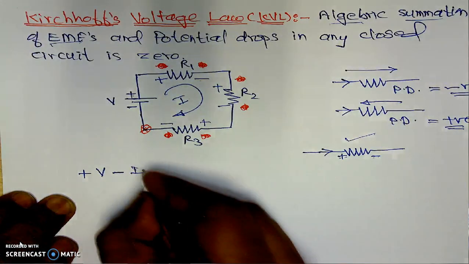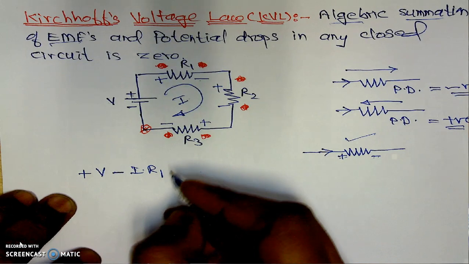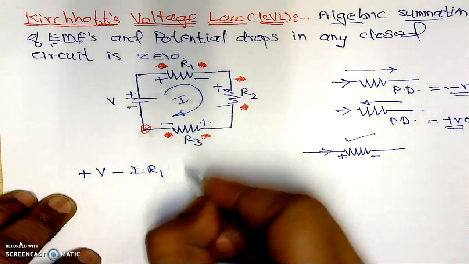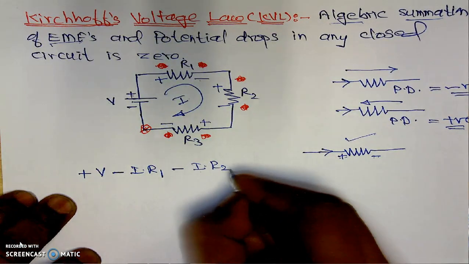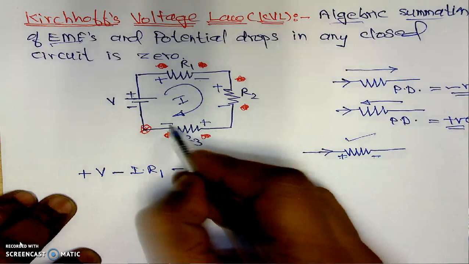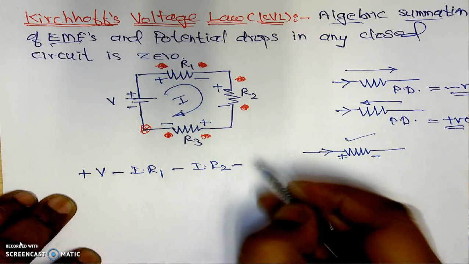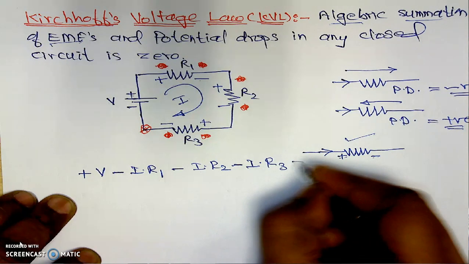Its current is I and its resistance is R1, so its potential drop will be I into R1. Then positive to negative for R2, which is minus, its current is I and its resistance is R2. Similarly for resistor R3, positive to negative is minus, its current is I and its resistance is R3, which is equal to 0.